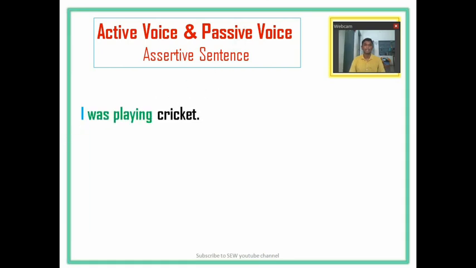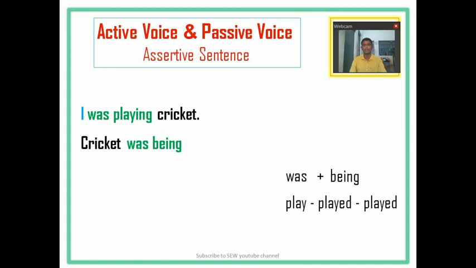I was playing cricket. So I is the subject, was playing is the verb, cricket is the object. First the object becomes the subject, cricket, and the helping verb is was. What should be added? Being. So was plus being, was being, and then we write the V3 form. What are the verb forms of playing?